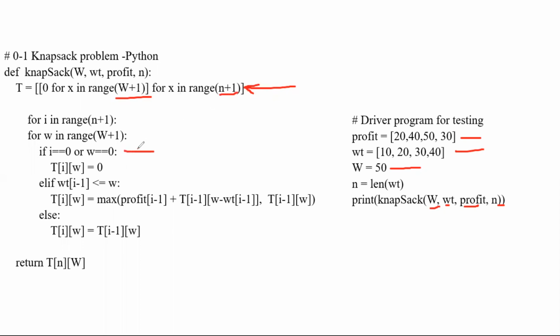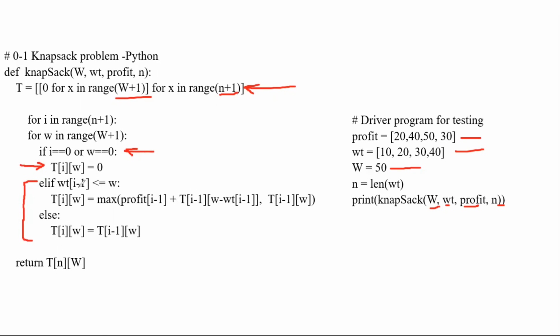We fill the first row and the first column with zeros, with this statement. And here we fill the entries in the table using the formula above.